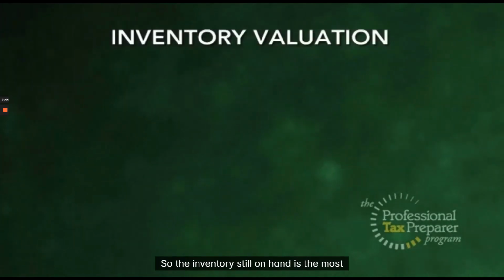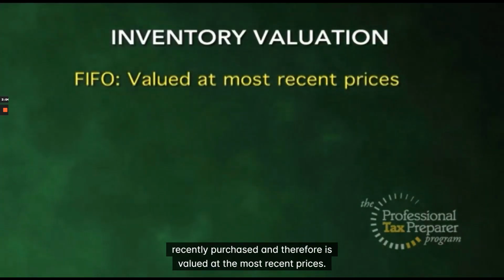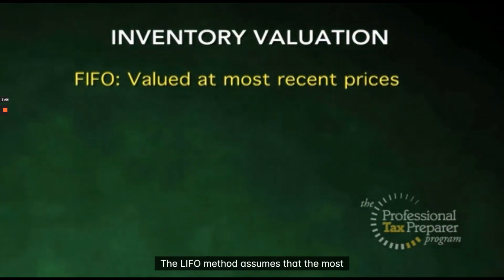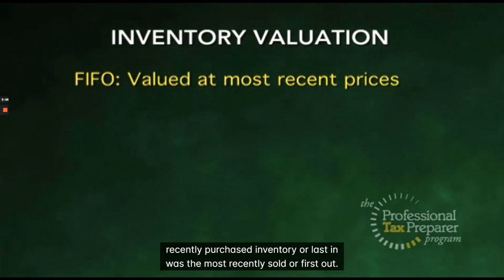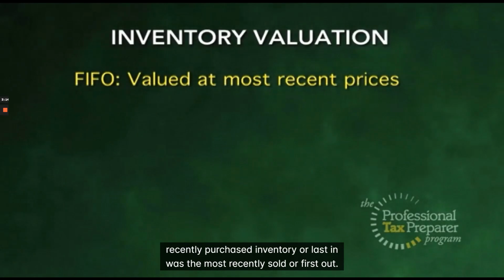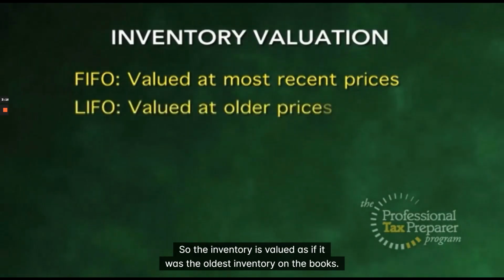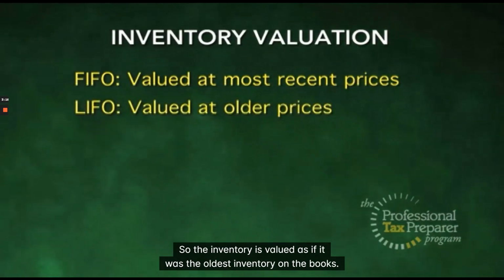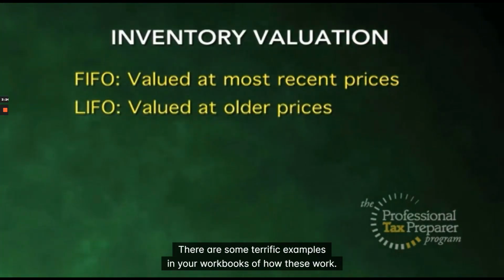So the inventory still on hand is the most recently purchased and therefore is valued at the most recent prices. The LIFO method assumes that the most recently purchased inventory, or last in, was the most recently sold, or first out. So the inventory is valued as if it was the oldest inventory on the books. There are some terrific examples in your workbooks of how these work.